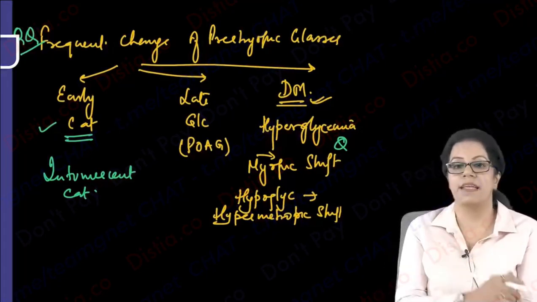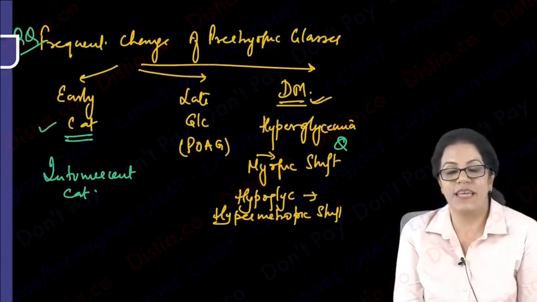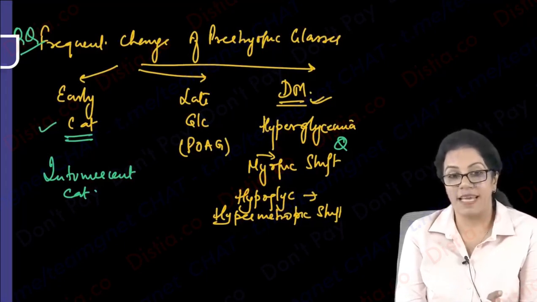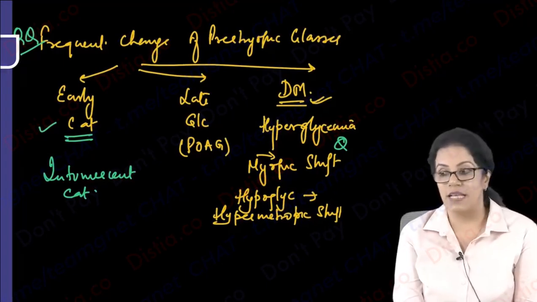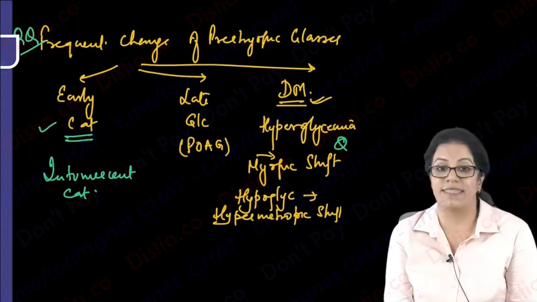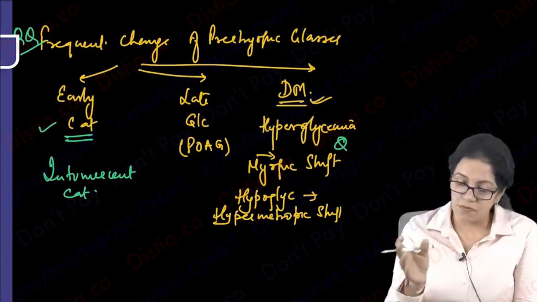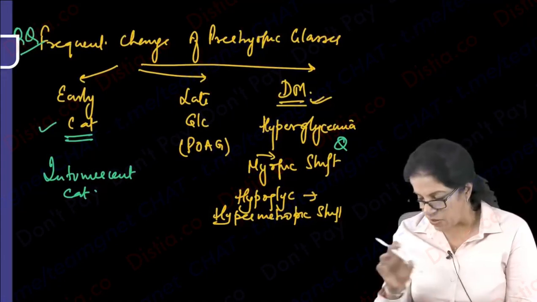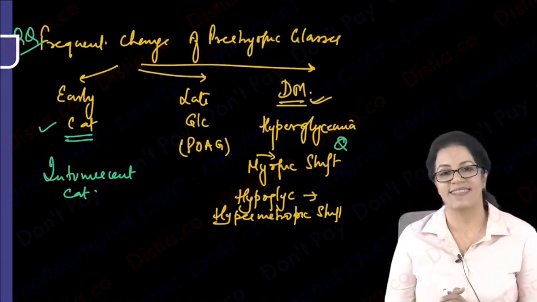So also keep in mind in your OPD, suppose you get a patient who is diabetic. First thing you should do before giving him specs is to check his blood sugar. Isn't it? So if he is hyper or hypo, please delay the test. Don't be in a hurry. Otherwise, after a few days only, he is again going to complain that he is not able to see clearly. So all the refraction should be done when the blood sugar is normalized.